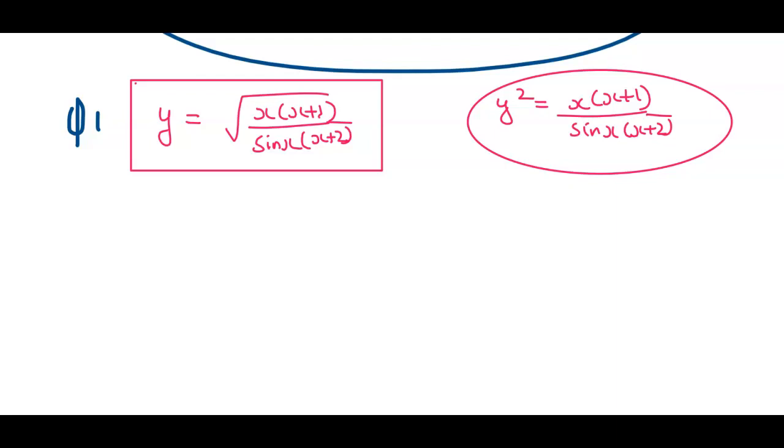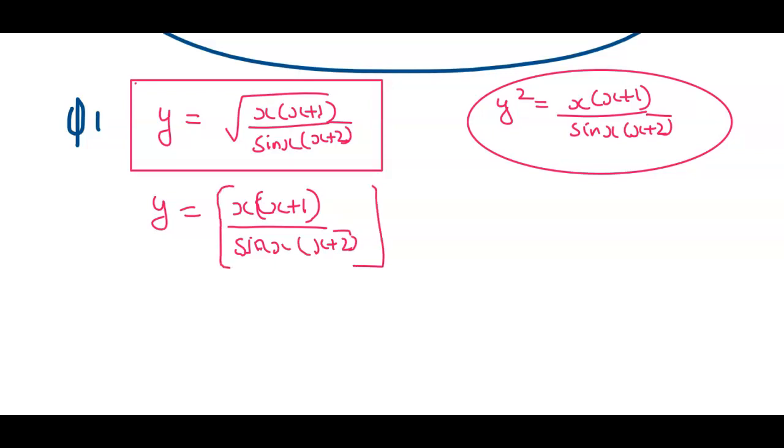So I am not going with solving of this particular one the usual way. I'll be solving this only with the log. So I'll be taking this as y is equal to x into x plus 1, I'm not going to multiply this, sin x, bracket x plus 2 whole to the power half.